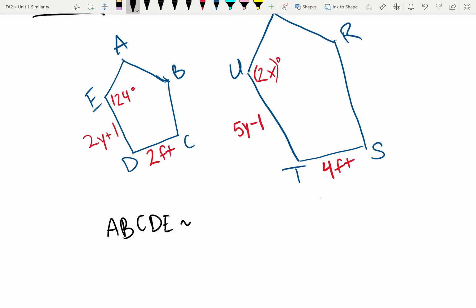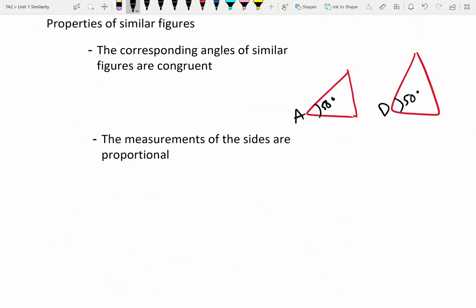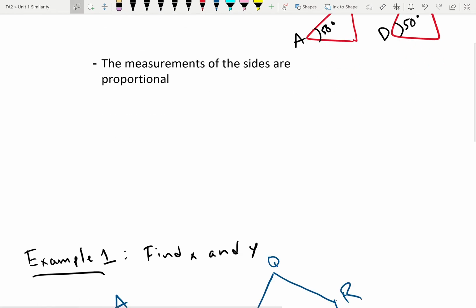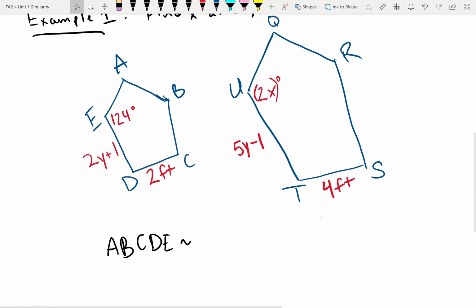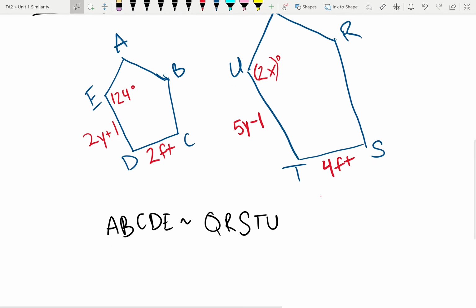That is the similar symbol. And remember, similar just means corresponding angles are congruent and the sides are proportional. So we know that these are similar figures just based off of what I'm telling you.